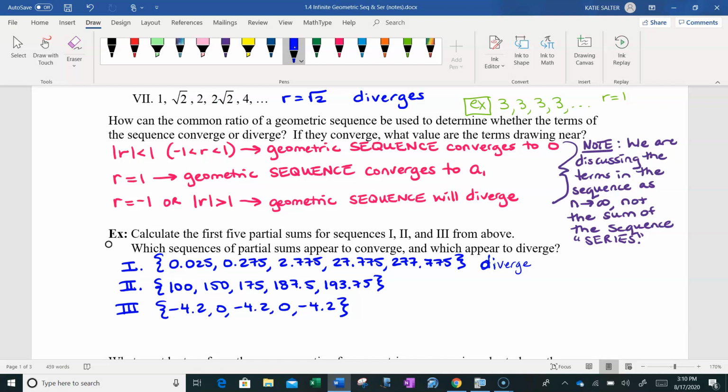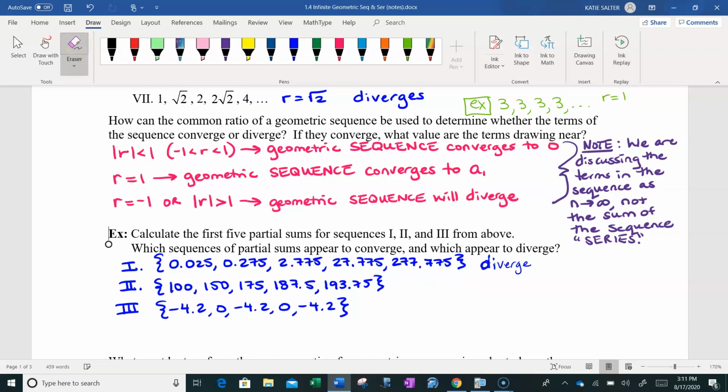So we are at 100, and then 150, and then 175, and then 187.5, and then 193.75. So even though it's growing, the terms seem to get closer and closer together. And so we would just make a conjecture here what we think it converges to. So I might say, I think it might converge to around 200.